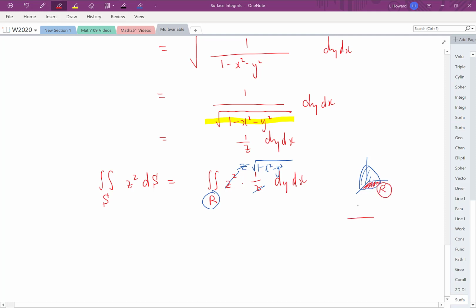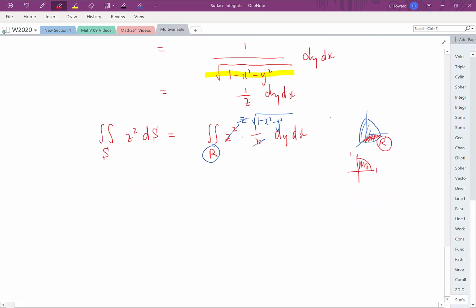If we focus in on the xy plane, that's a quarter circle in the first quadrant, where that quarter circle has radius 1. So the best way to describe this region is in polar coordinates. Let's say for our region R, radius values will range between 0 and 1. And because we're just doing the quarter circle, because we just want the x and y values that are positive, we'll use angles theta between 0 and pi over 2.